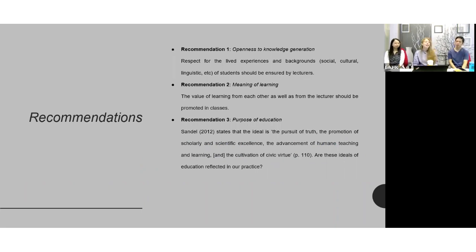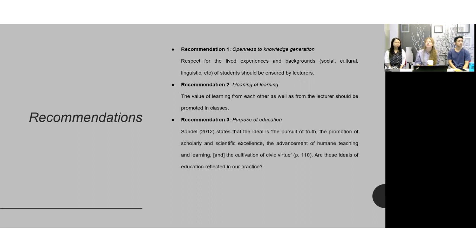So at the end of this project, we do have a lot of recommendations, both from an institutional perspective and also for individual lecturers. We picked three recommendations for individual lecturers, because this is something that we can all really apply in our classes. The first is that we have to be open to new knowledge generation.